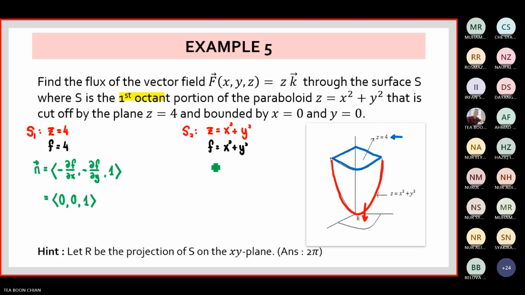For the downward normal vector, we flip the sign, it becomes positive del f over del x, positive del f over del y, but negative 1. So this gives you, differentiate f with respect to x, you get 2x. Differentiate f with respect to y, you get 2y and negative 1.